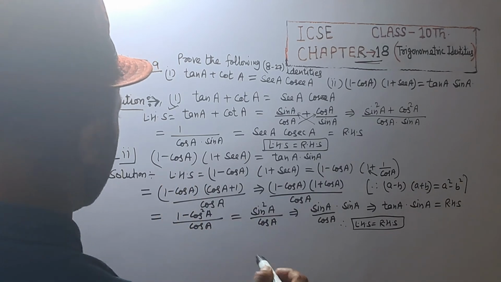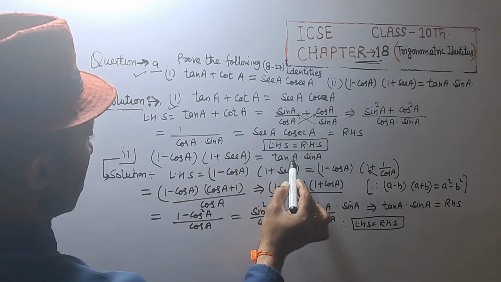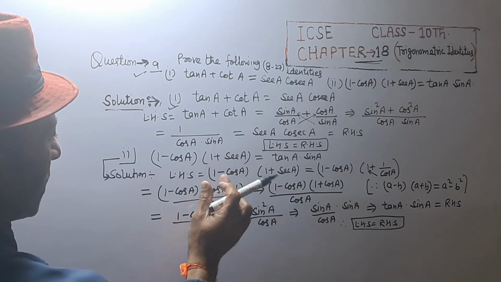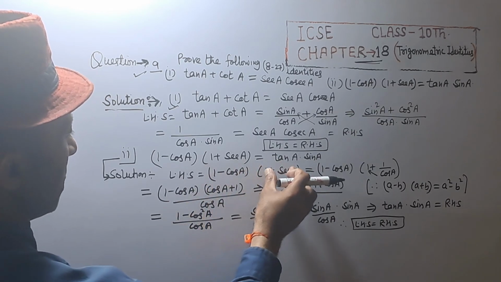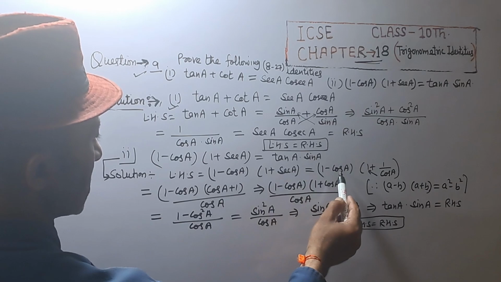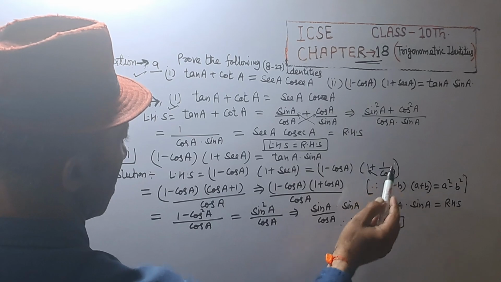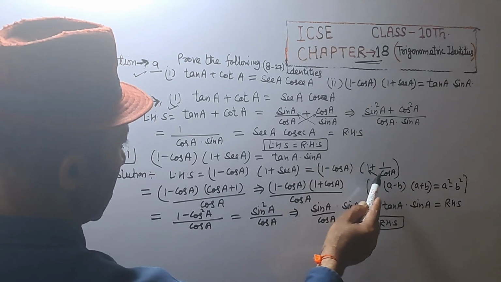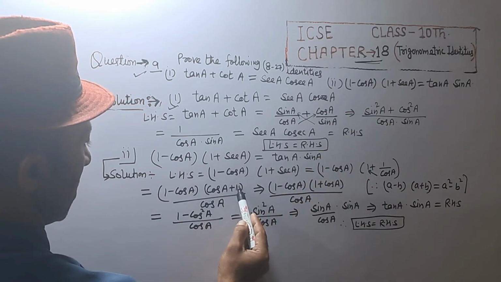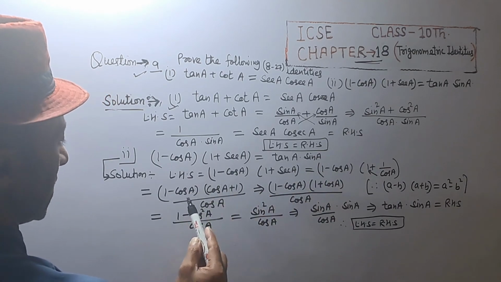And second part, that is 1 minus cos A into 1 plus secant A is equal to tan A into sin A. Taking left hand side, 1 minus cos A into 1 plus secant A, that is equal to 1 minus cos A as it is, and 1 plus secant A is equal to 1 plus 1 upon cos A, and LCM is cos A, cross multiplying, cos A multiplied by 1, that is equal to cos A plus 1 upon LCM cos A, 1 minus cos A as it is.